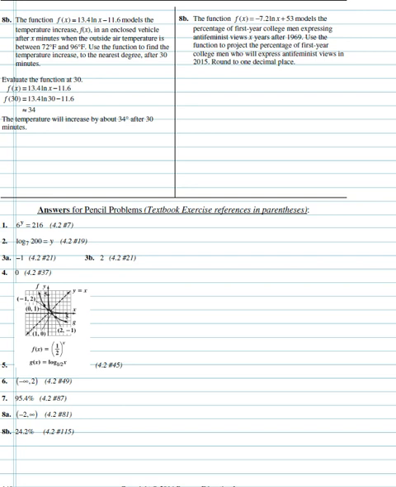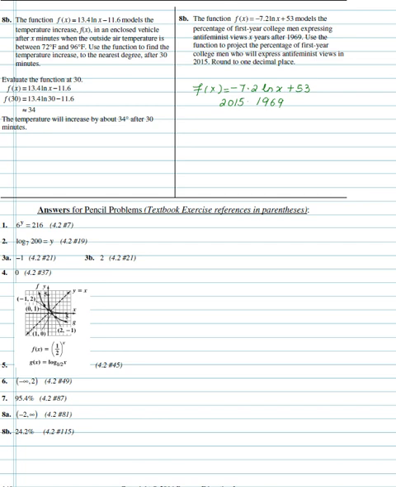The function f of x is equal to negative 7.2 ln x plus 53 models the percentage of first year college men expressing anti-feminist views after the year 1969. So here x stands for the years after 1969. We're trying to find the percentage of men that have anti-feminist views in the year 2015.